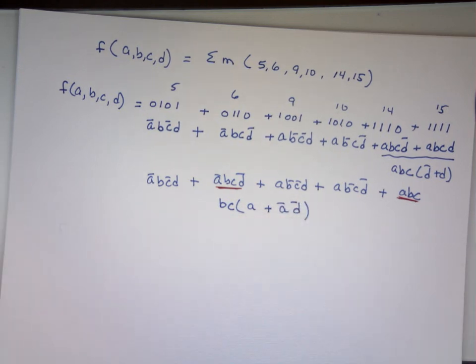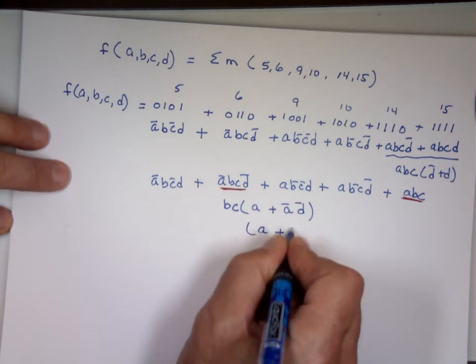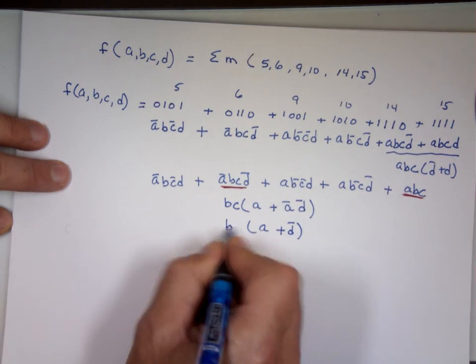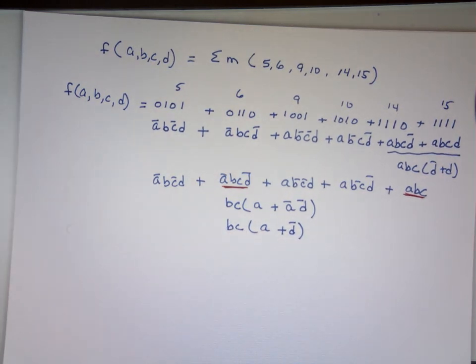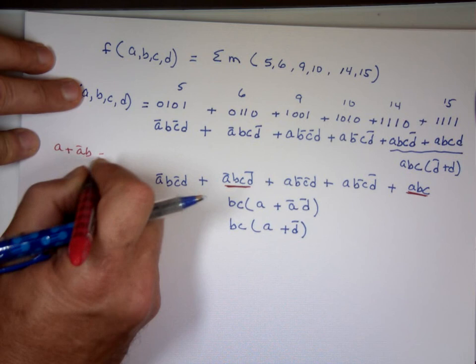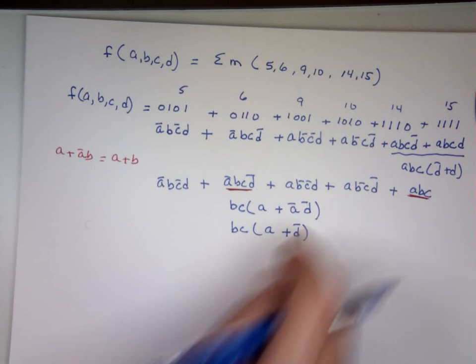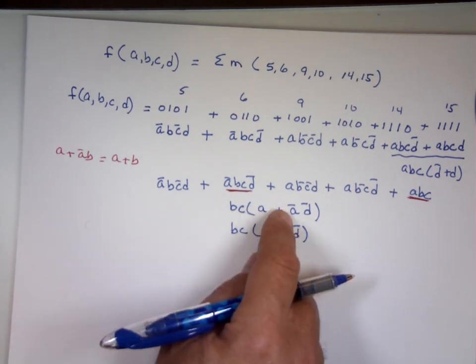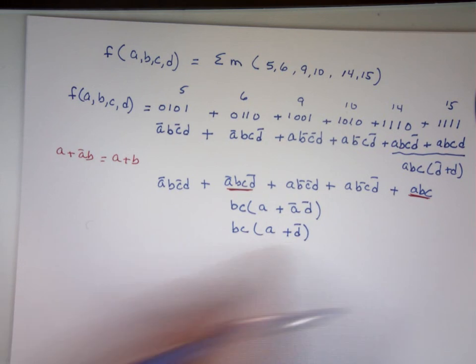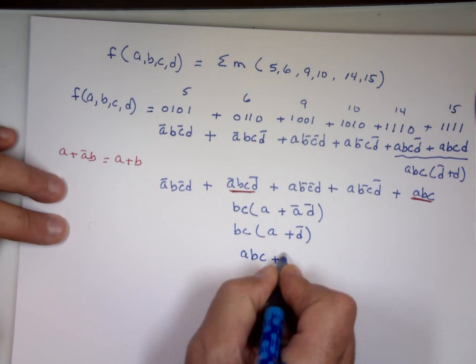And we know this one will simplify to A plus D bar. That rule actually comes from A plus A bar B. It's A plus B. You go, well, that's a D bar. Well, you can let D bar be B. A plus A bar B. Let D bar equal B. You end up with that one. So if you simplify that, that's ABC plus BC D bar. Now bring the rest of the problem.